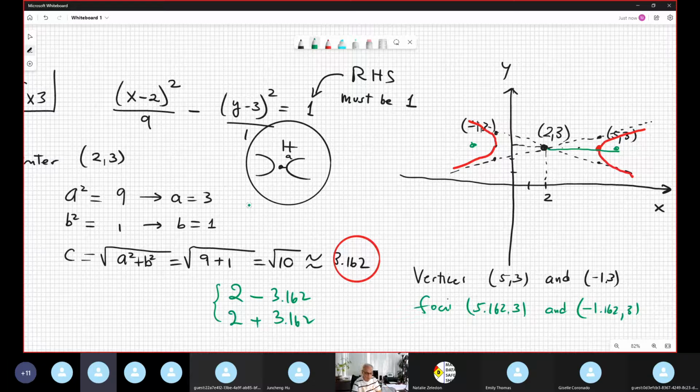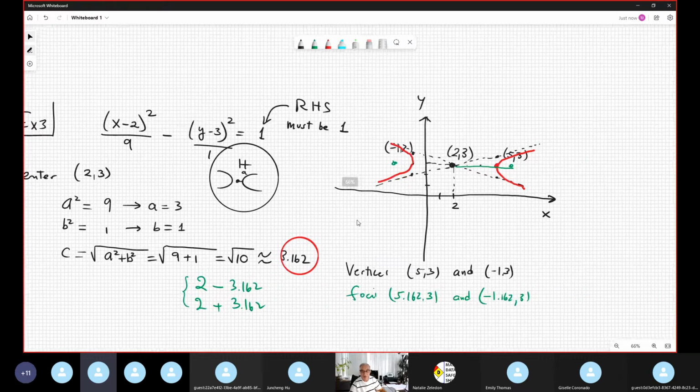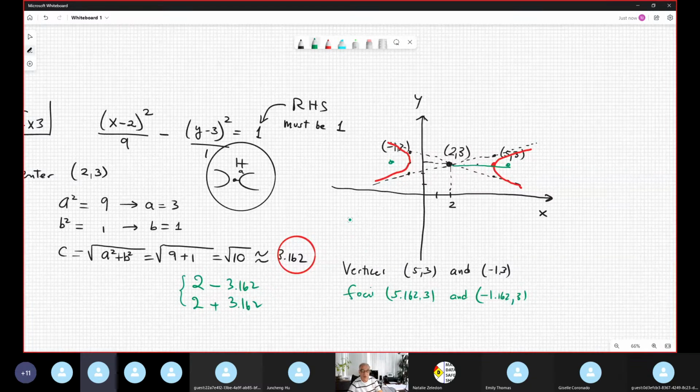Okay, I forgot the equation of the asymptote. Now the equation is, remember, y minus k. And what is k? This is h, and this is k. Did I make a mistake or not? h is 2.